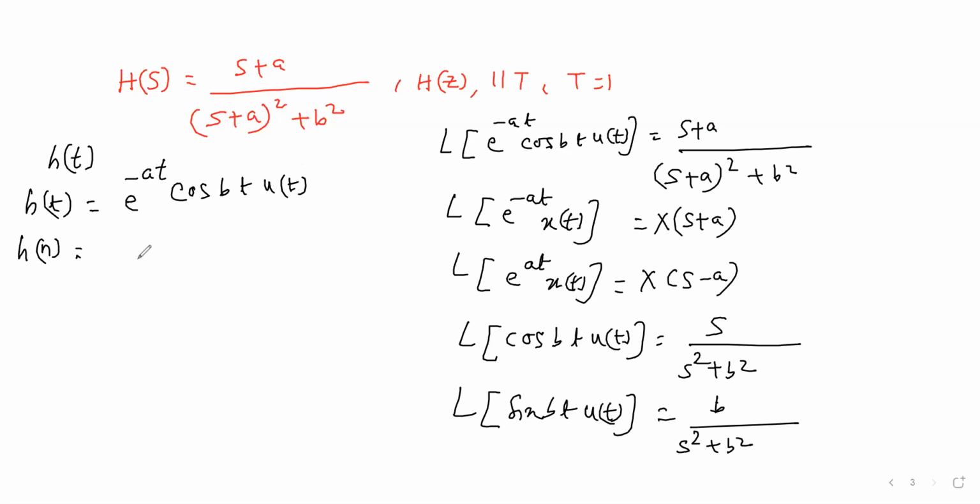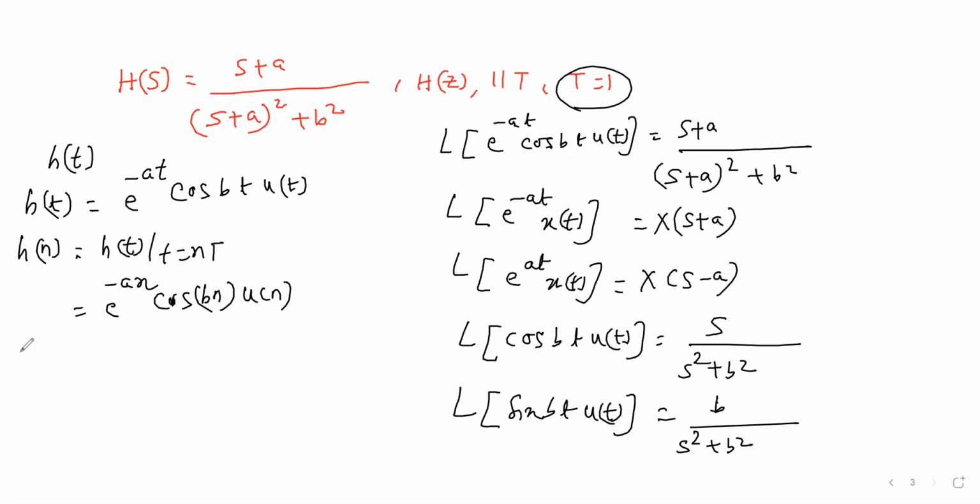Simply replace t by nT. h of n is e power minus an, because capital T is 1, cos bn u(n). Now what is the Z transform?